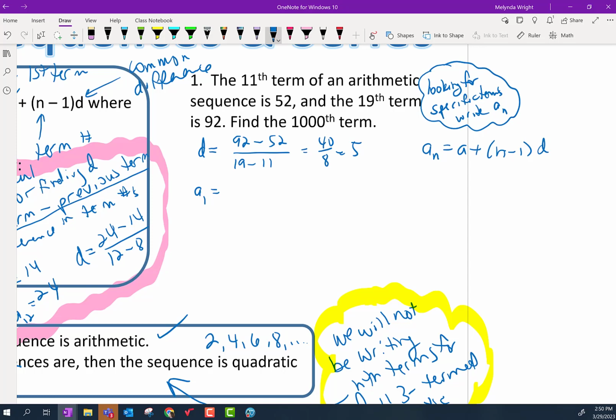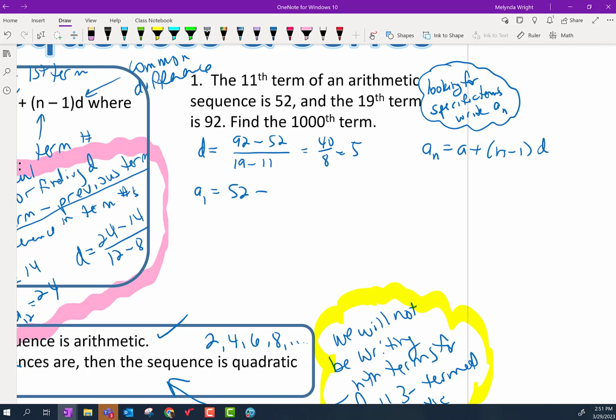What if instead of putting the first term, I put the 11th term in? Let's just put the 52 in there. This is just one way to find the first term; there are other ways. We're actually not using this formula, this is a kind of common sense way to do it.